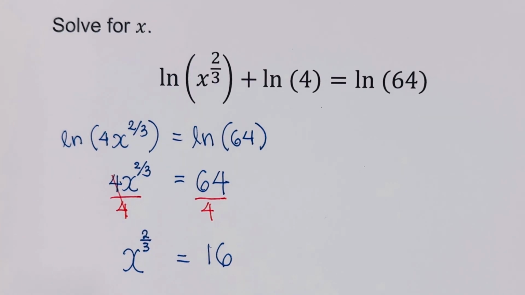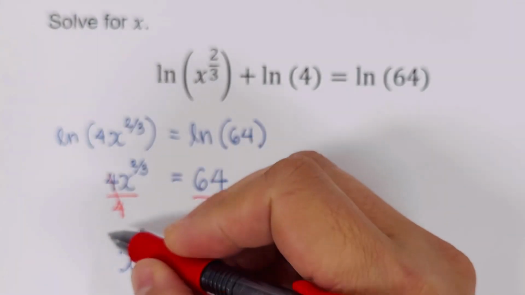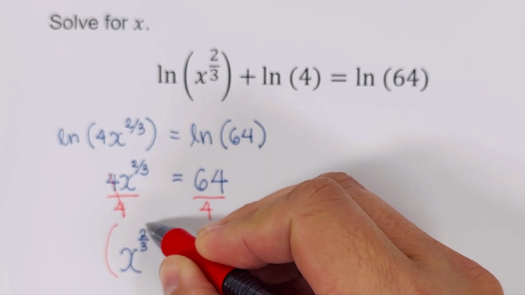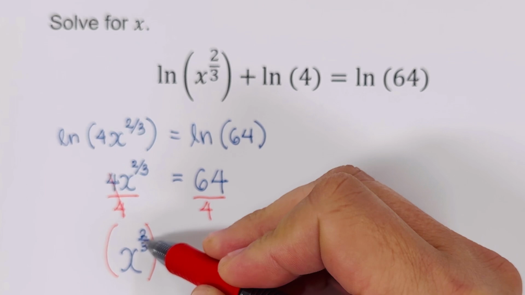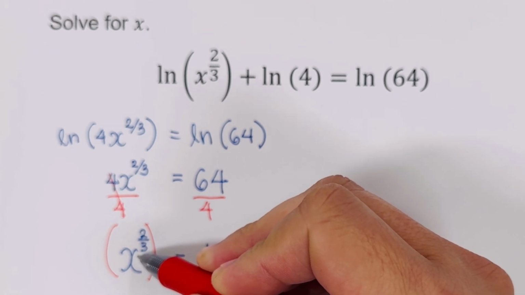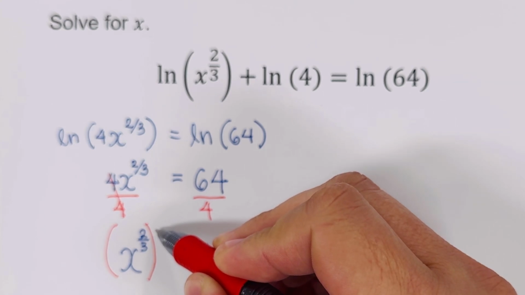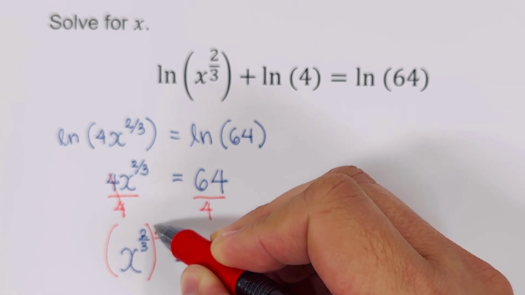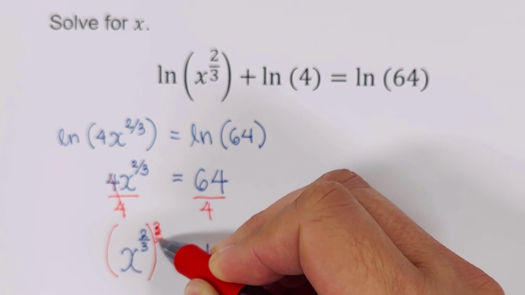Since we want to have x by itself here, we are going to exponentiate both sides. We want the exponent of the x to be 1, so that it's x by itself. We're going to exponentiate this side by 3/2.